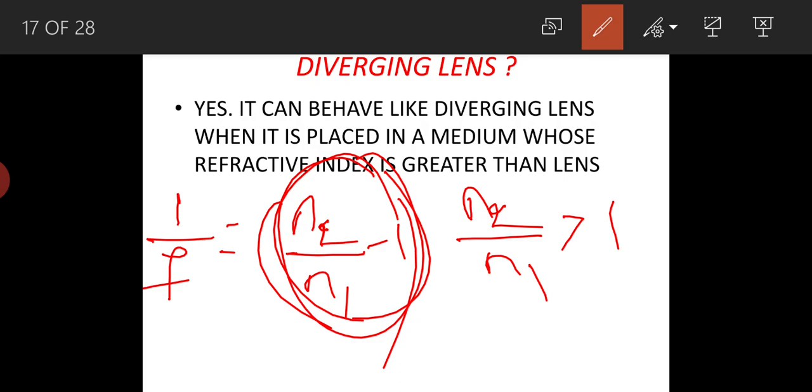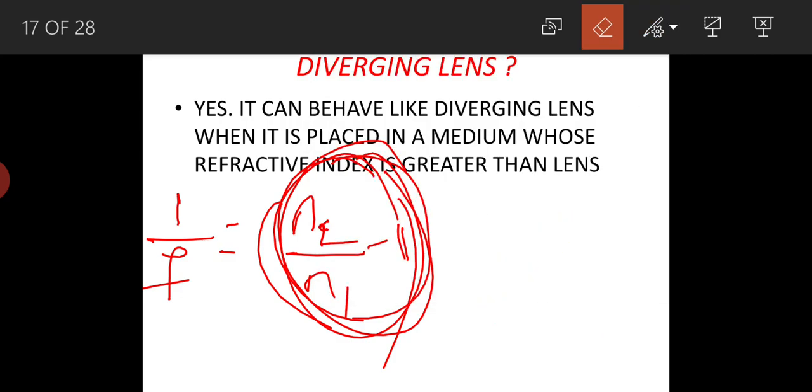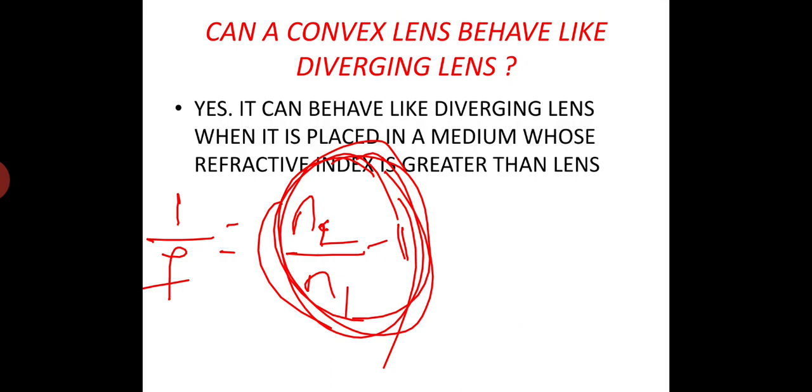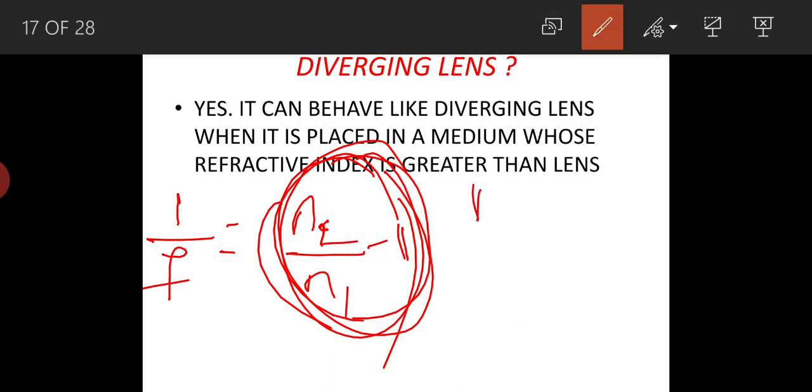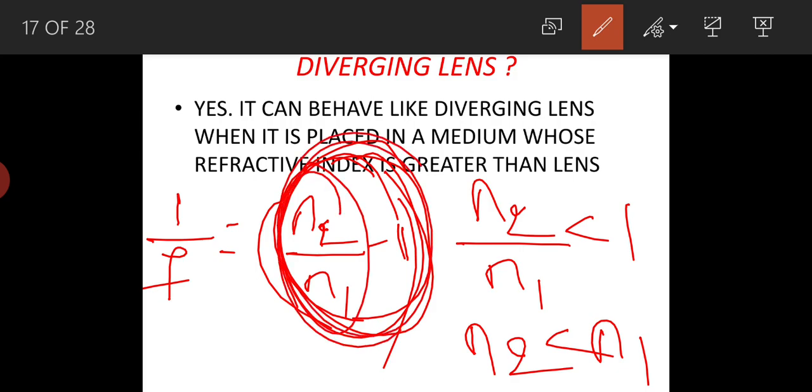It means if n2 is greater than n1, then n2/n1 - 1 will be positive. Whereas if n2/n1 is less than 1, it means if n2 is less than n1, then n2/n1 will be less than 1 and this whole term will become negative.